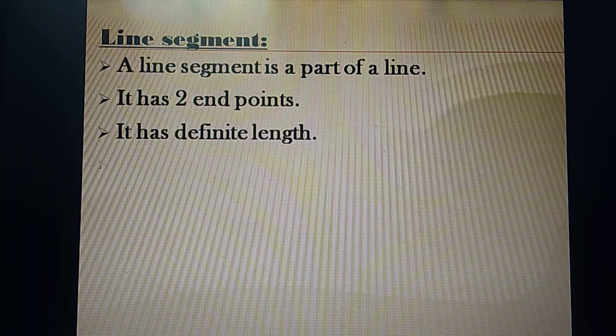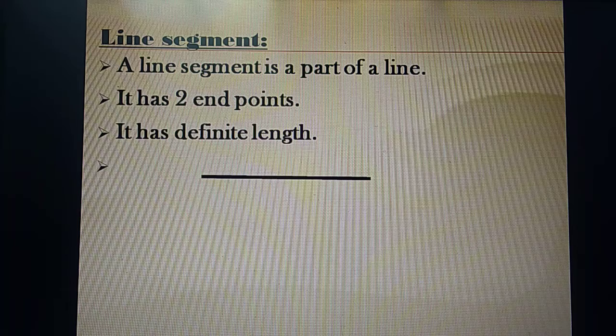How will you draw a line segment? You will just draw a line. As you can see, there is no arrow on either side. It means it is a line segment. Now, in the second point, I explained to you that it has two end points. So here you can see these A and B are the two end points.